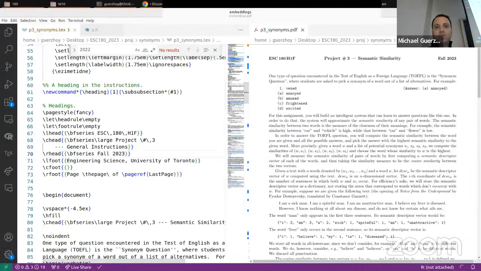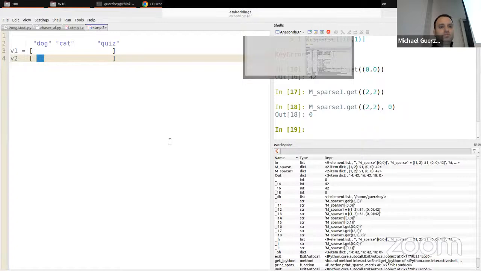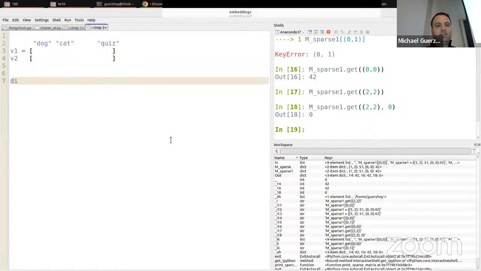So if that's what you're doing, you could say the distance between V1 and V2, and this is called the Euclidean distance, is going to be the square root of V1 at 0 minus V2 at 0, squared, plus the same thing for 1, and so on. And that's one way to do it. And in fact, it works okay.